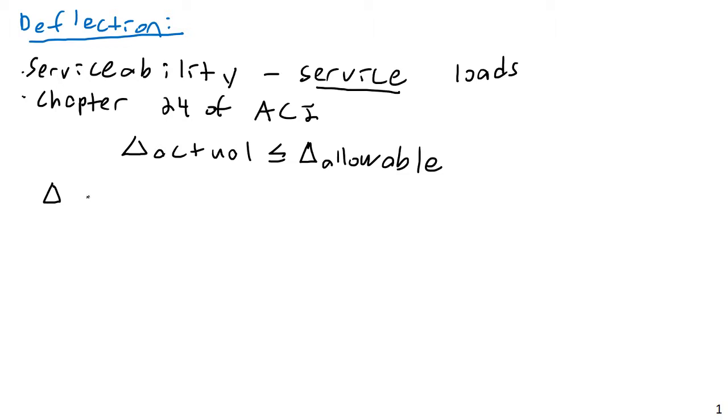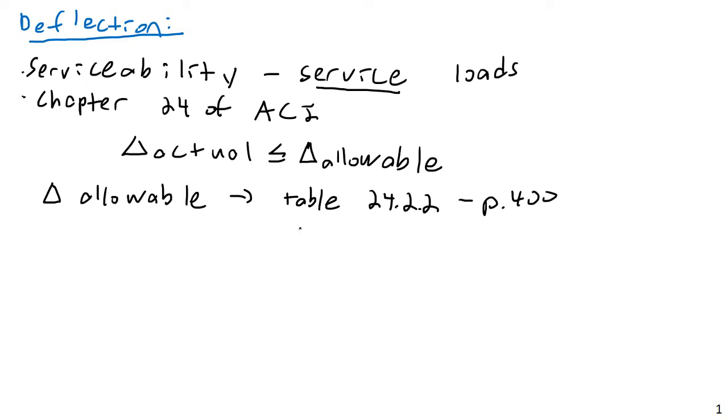You simply look at a table, and depending on what type of structural element you have, that's going to determine what allowable deflection you have, both immediate, long-term, etc. So delta allowable, the allowable deflection, is found in Table 24.2.2 of the ACI code, and in my edition that is on page 400. But it might be slightly different for yours.